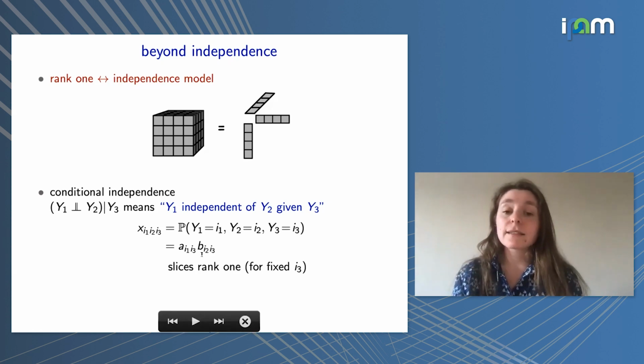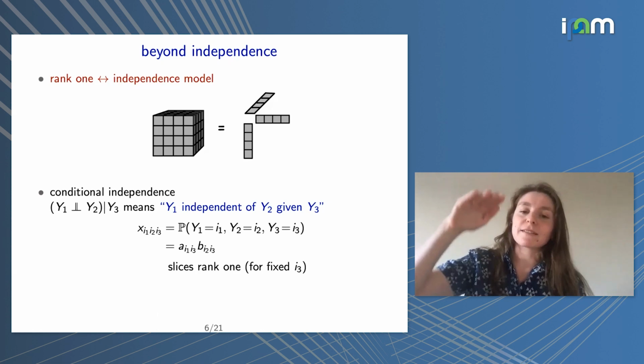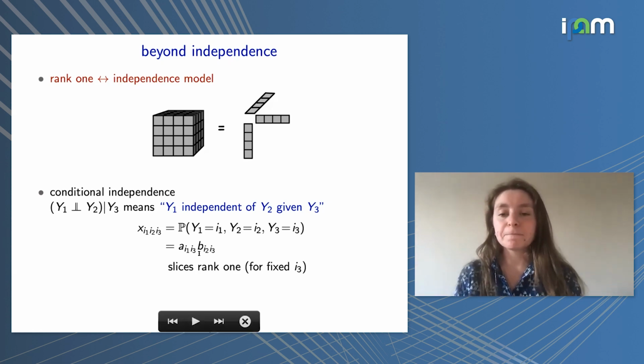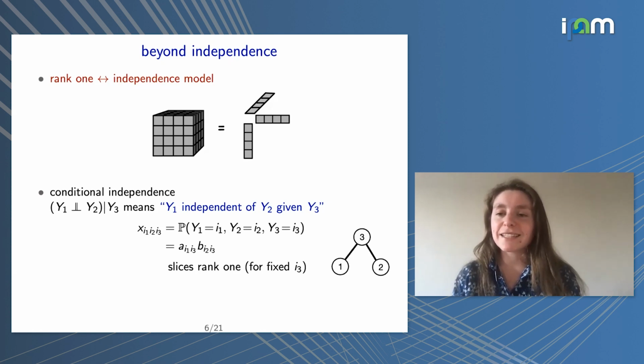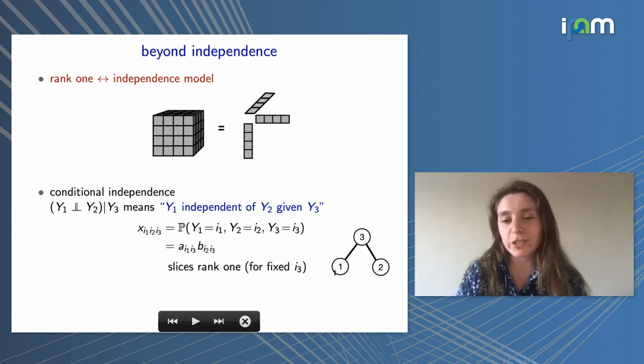And this is telling us that the slices of our tensor are rank 1. So once we fix the value for i3, we get something that's rank 1. All right, and statistically, this is sometimes written in this notation. So here we have random variable y1, and here we have y2, and y3 sits between them. So this notation captures that once we fix y3, then y1 and y2 are independent.